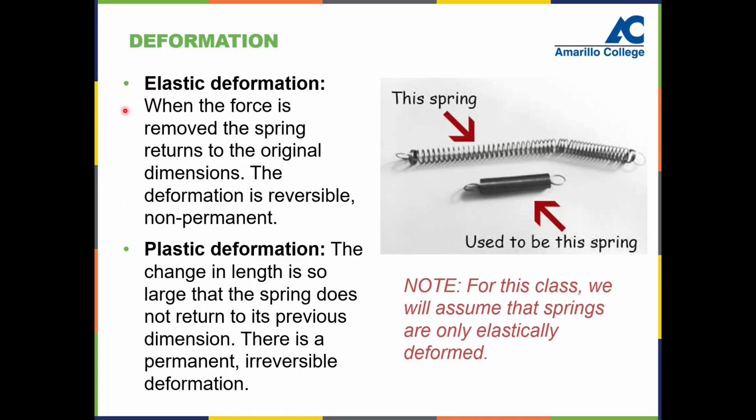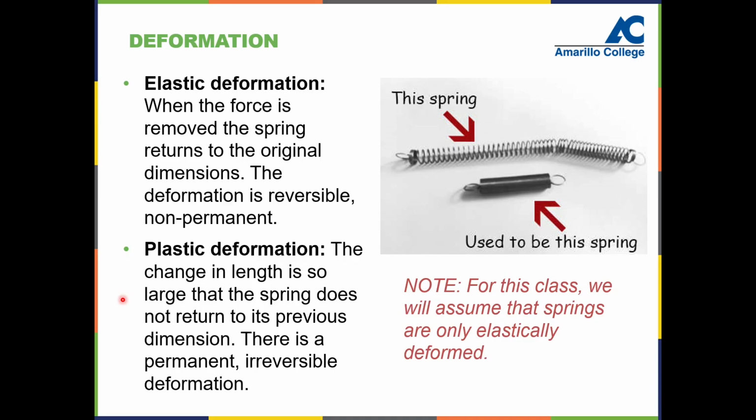But as anyone who's ever worked with a spring knows, if we overstretch a spring, if we stretch it so far that when you take the force off, it does not return to its original length, what we've done is caused permanent, irreversible deformation of that spring, which is called plastic deformation. So Hooke's law is only valid for a displacement in the elastic region.